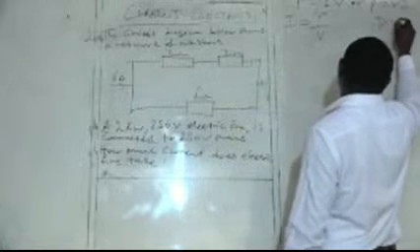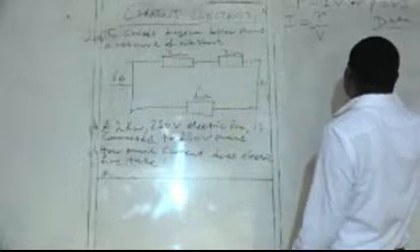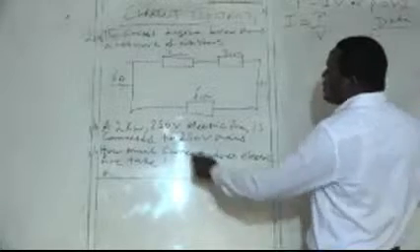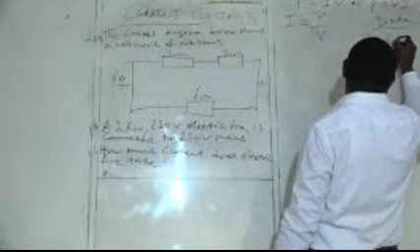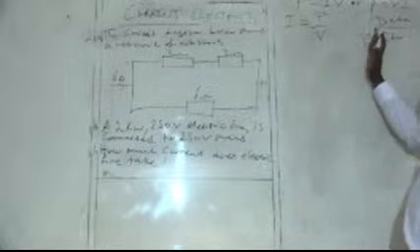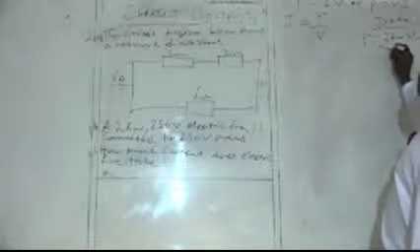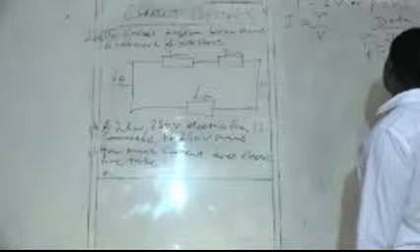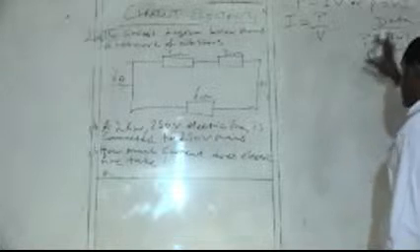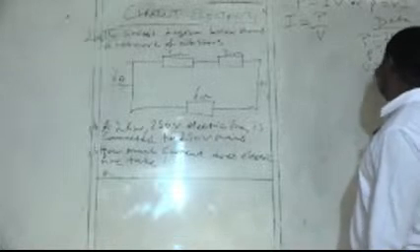Now let's have our data here. What is power? Power, we do have 2 kilowatt. In this case, we convert 2 kilowatt to watts, meaning you have to multiply by 1,000. So if you multiply by 1,000, you end up getting 2,000 watts. So this is the power. Then what is our voltage?